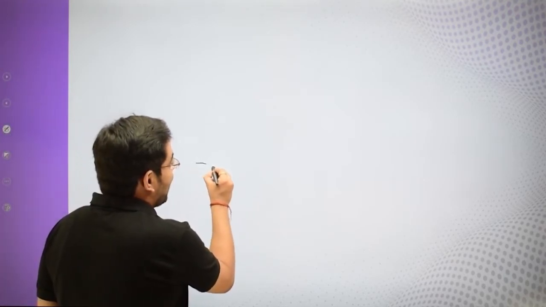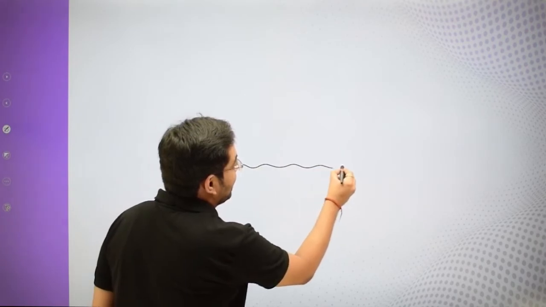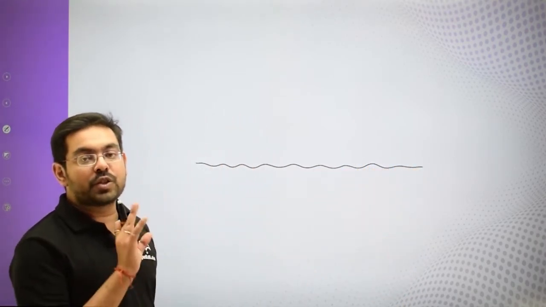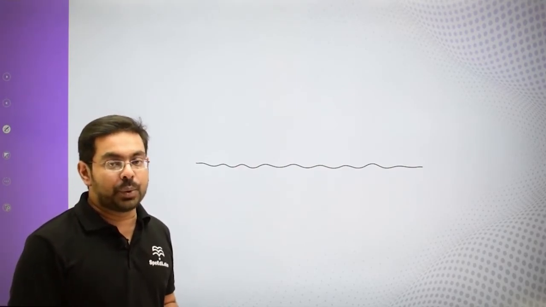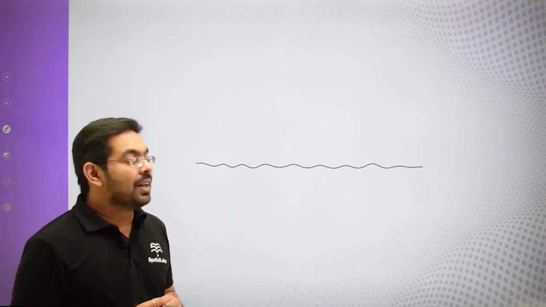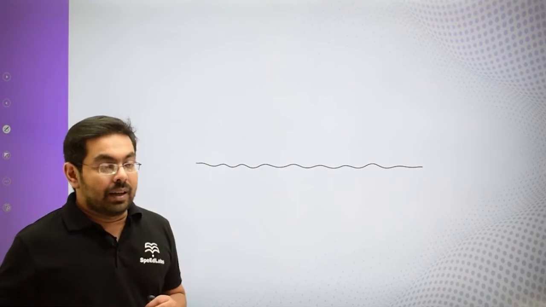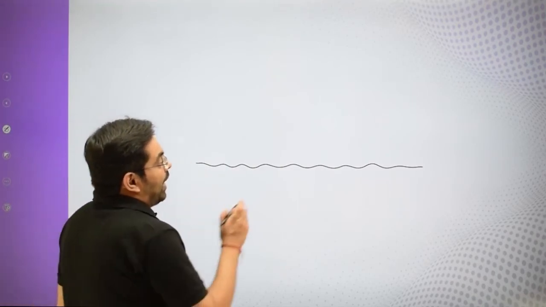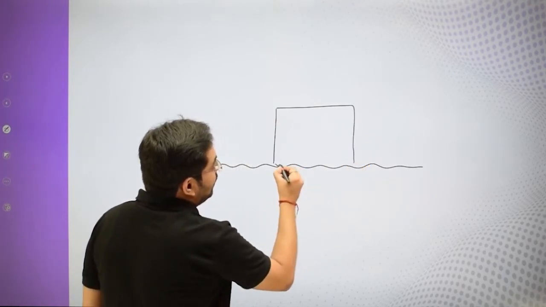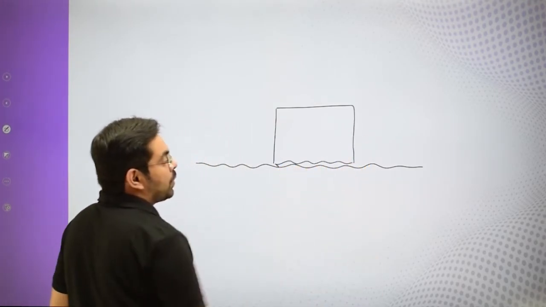Any surface has some irregularities at microscopic level. However smooth the surface may appear to you at first look, any surface has some irregularities, some zigzag shape. And when we put another block on this surface, it also has some irregularities of its own.